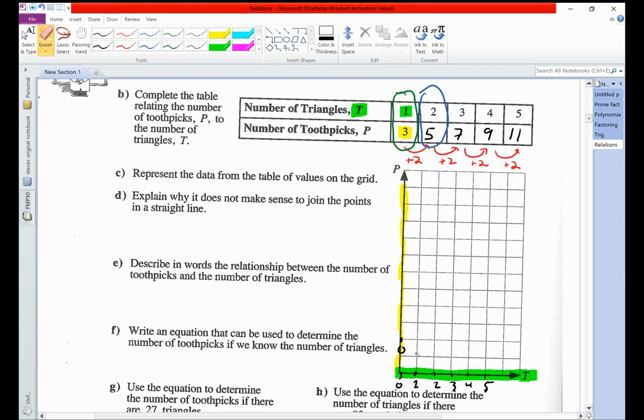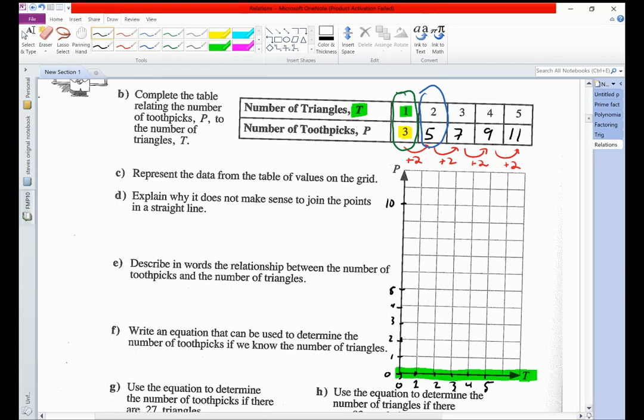Let's erase all of that. So I go up by 1 for my triangle. For my toothpicks, I can also go up by 1. There we go.